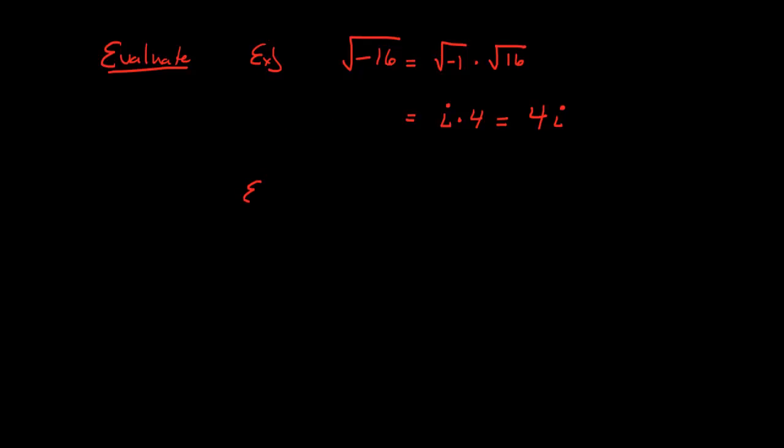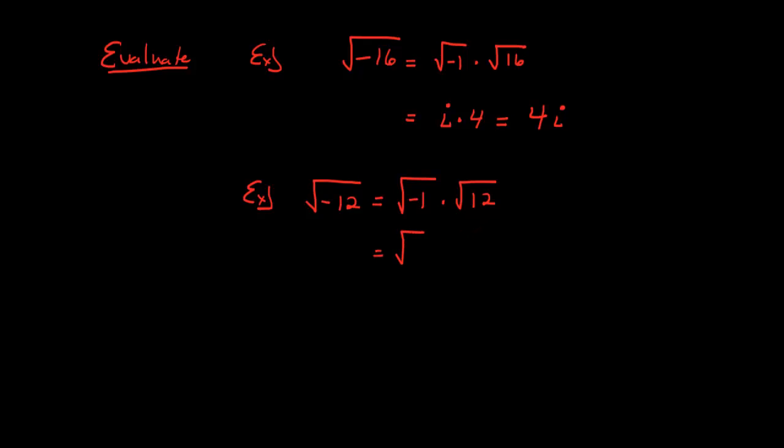Let us look at another example. Let us say we are asked to evaluate or simplify the square root of negative 12. Square root of negative 12 is a little bit more complex, but I'm going to break this down into the square root of negative 1 times the square root of 12.